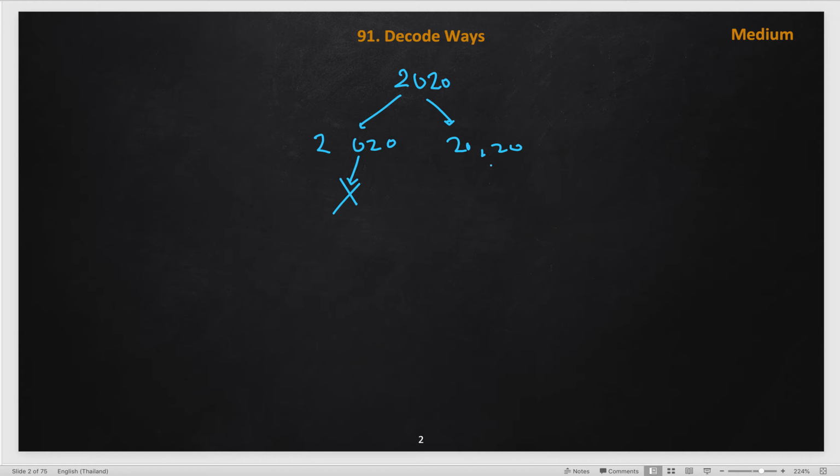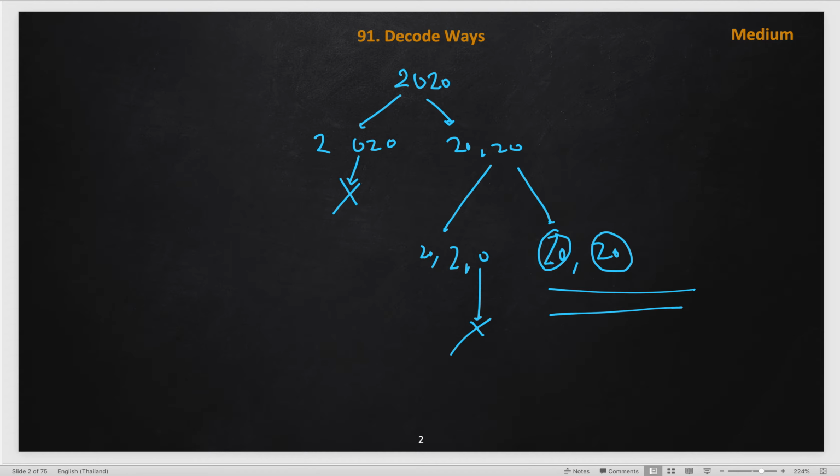Then we can again choose 2 and keep 0 as it is, or take 20 as a single character. Here again 0 can't go further, we can't get any mapping, so this route will not give us an answer. So with 2020 we can only map in one way, which is the two characters corresponding to the number 2020. This is the basic idea.